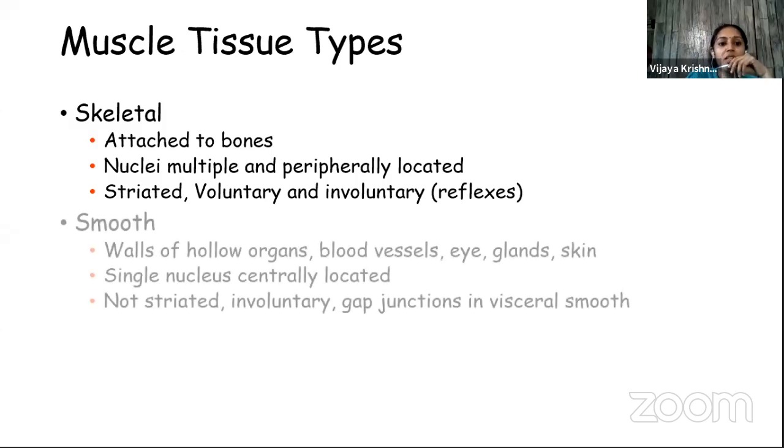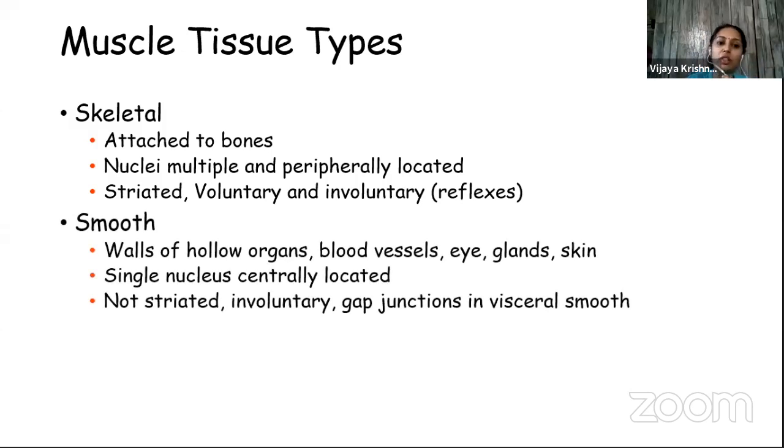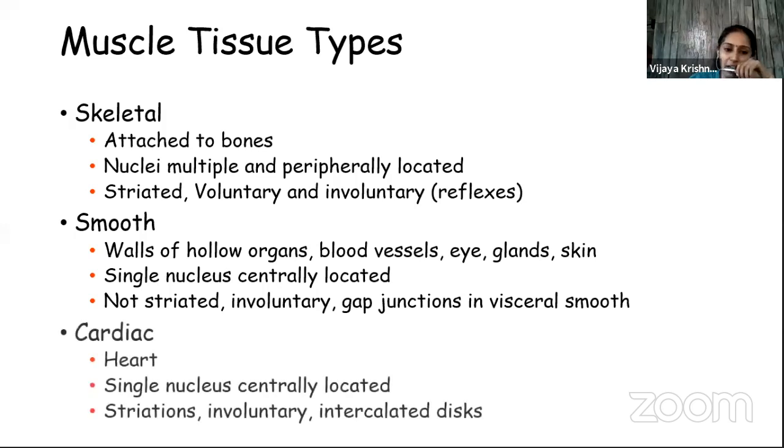The next is the smooth muscle, which is present in the walls of organs, blood vessels, eye, skin, glands, etc., which has a single centrally located nucleus, no striations, and is involuntary. The other is the cardiac muscle, which is present in the heart. Again, it has a single centrally located nucleus, with striations present and intercalated discs.